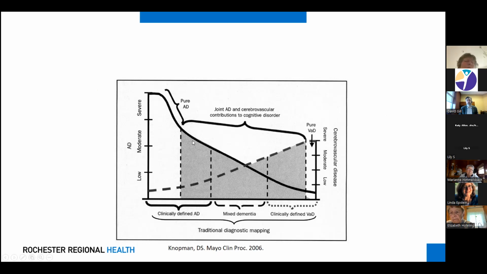But most patients we see are somewhere in the middle, where they have some hardening of the arteries and Alzheimer's disease, or they've had a stroke and they're getting worse without a new stroke. So many of these patients actually belong in the mixed dementia category, which for most people is a combination of Alzheimer's disease and vascular dementia. I point that out because it's so common for us that somebody doesn't fit neatly into one category.